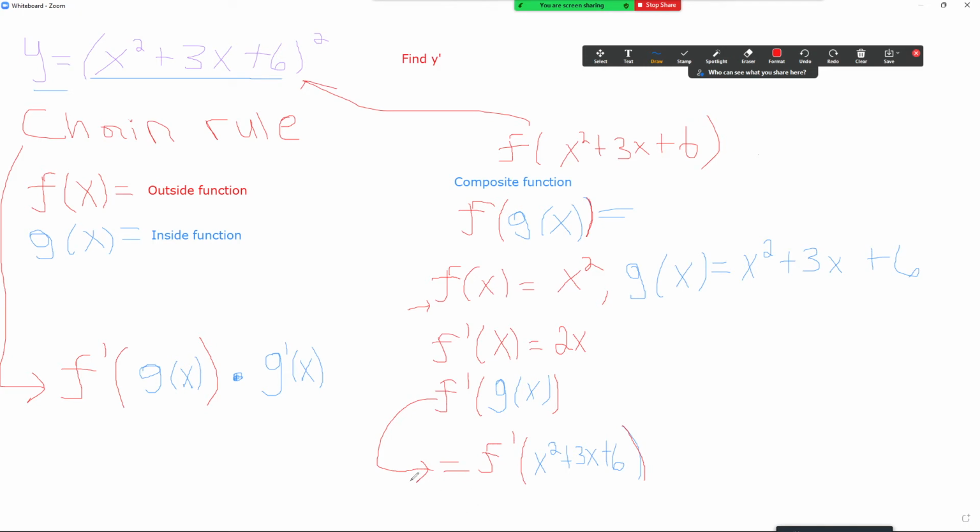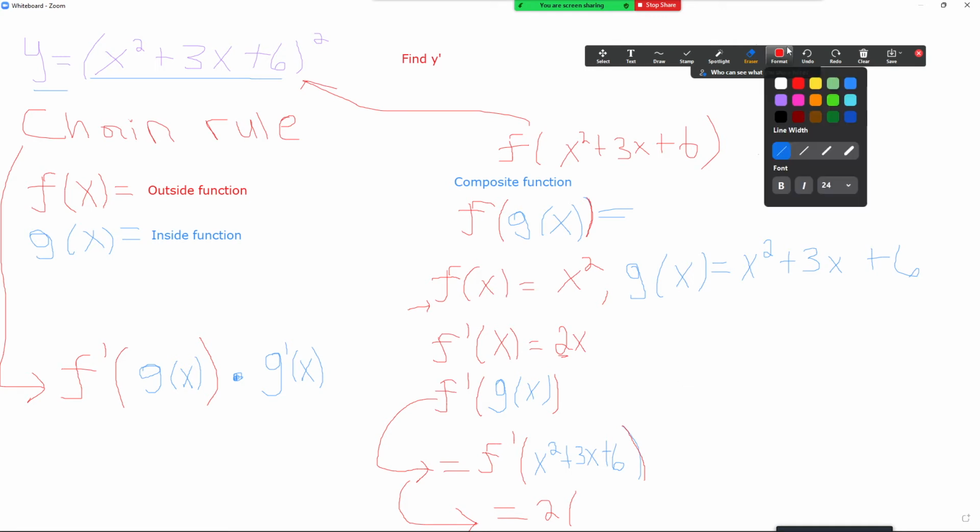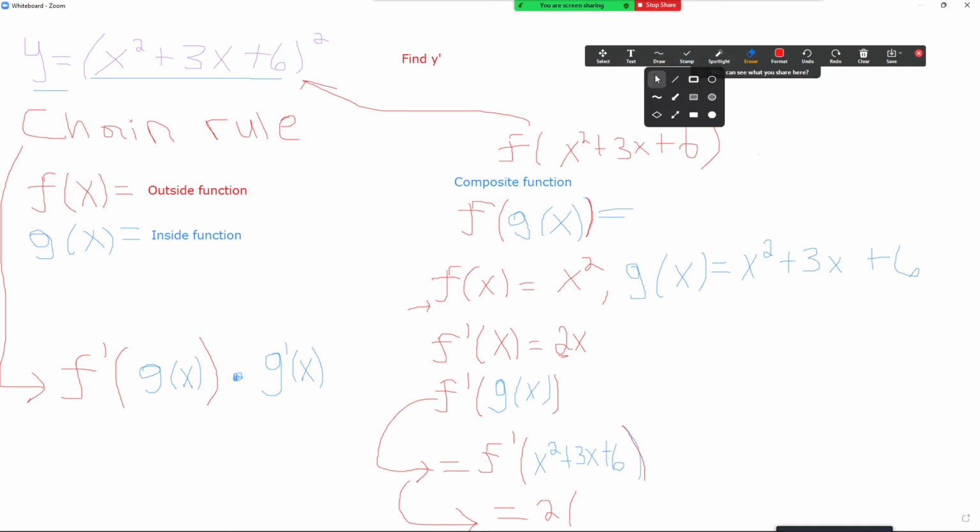So essentially, your f prime of g of x is going to be 2 times, because remember there's a 2 here, but there's only one x, so I'm substituting x squared plus 3x plus 6. I'm using different colors so you can get in the habit of asking, what's my inside part?